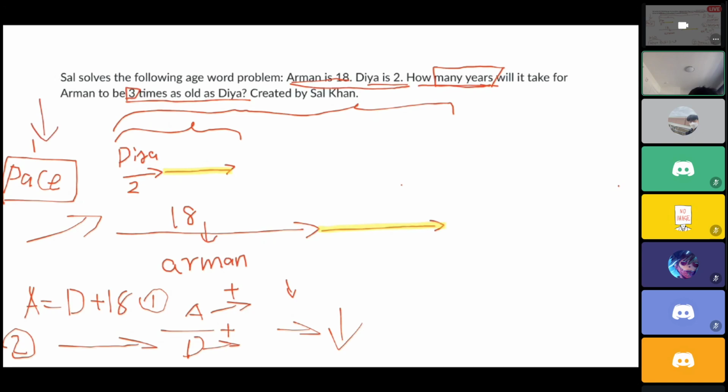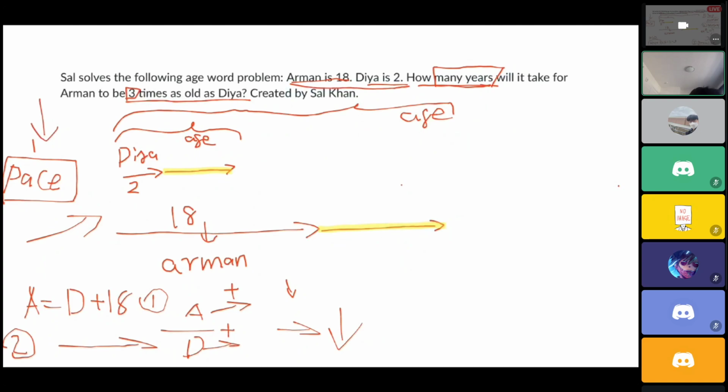So what was it each year? How old they are at that age. Yeah, so that represents the age, right? The final age where it satisfied the condition that Armin is 3 times as old as Dia, right?